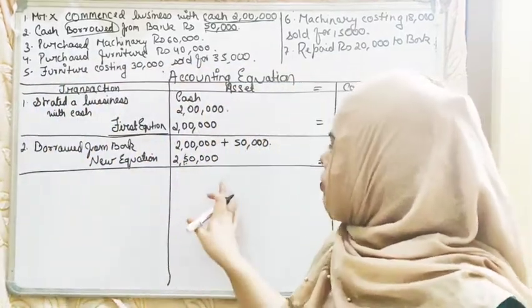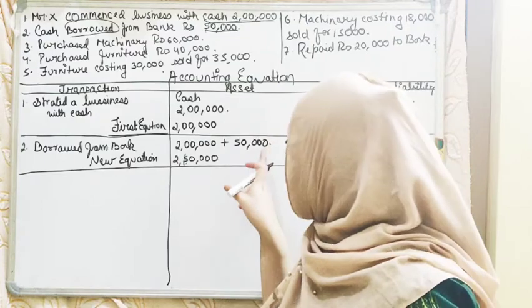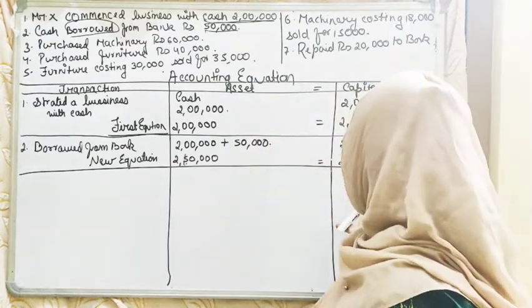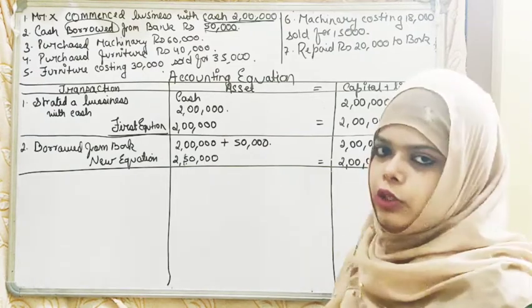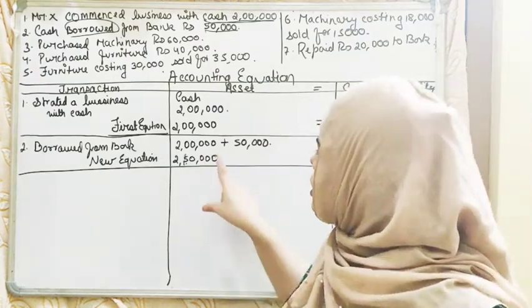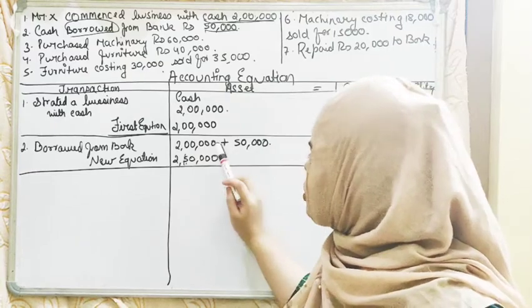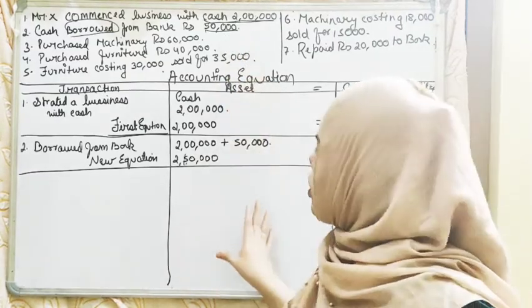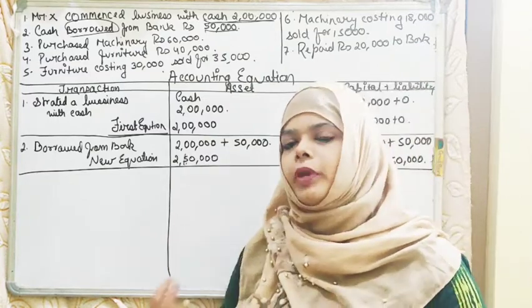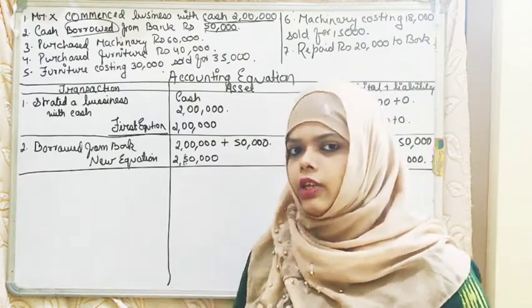So we have added 2 lakh plus 50,000 on the asset side, but we have not added 2 lakhs plus 50,000 on this side. Why is it so? Because there is already existing cash of rupees 2 lakh and we are adding cash of rupees 50,000. So it belongs to the current asset. The cash we bring into the business belongs to the current asset of the business.